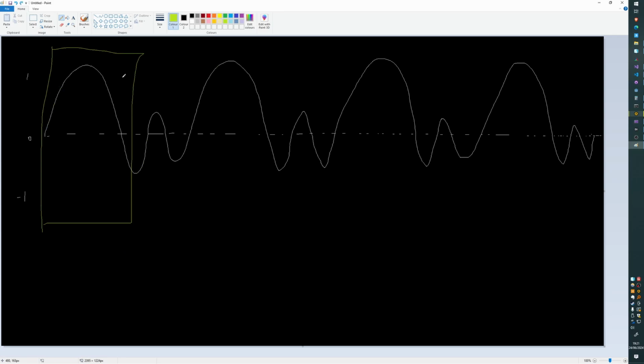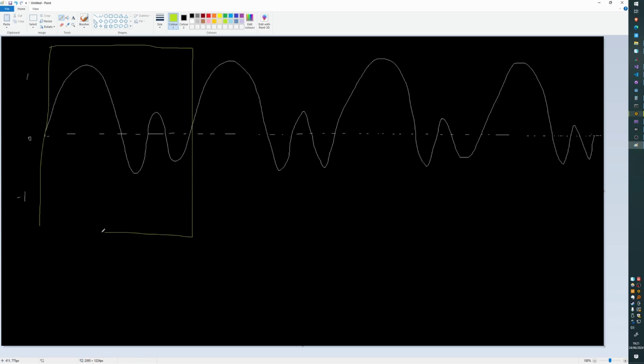We keep doing that, and eventually, if we do that for long enough, we might get like lucky, and we might end up with a window exactly like this. Looks something like that. And then we're going to compare this with this, and add up all the differences, and we get a really low value then, because it's almost exactly the same signal.